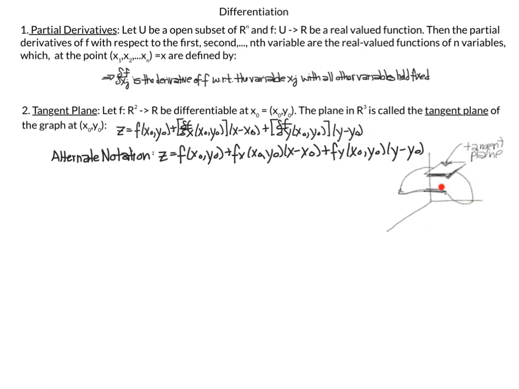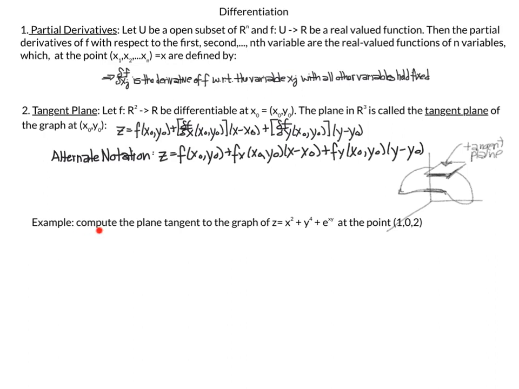But there's this point down here, probably somewhere over here, for x naught, y naught, and you can take the point on the surface and then you can find a plane that just touches that point, and that's the tangent plane. It's very much analogous to the tangent line when you have y equals f of x.